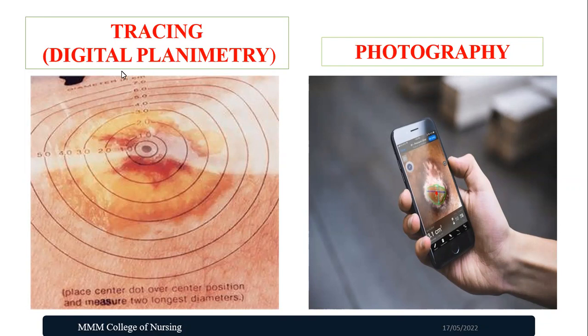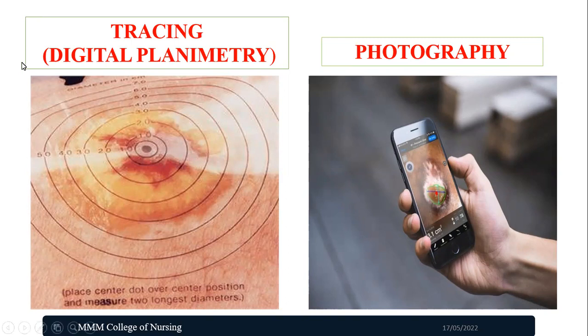The first one is wound tracing, which is otherwise known as digital planimetry. This is a transparent sheet which can be used with the help of a marker or pen to trace the outline of the wound directly on this sterile transparent film. It is then a simple matter to compare one measurement with the other.